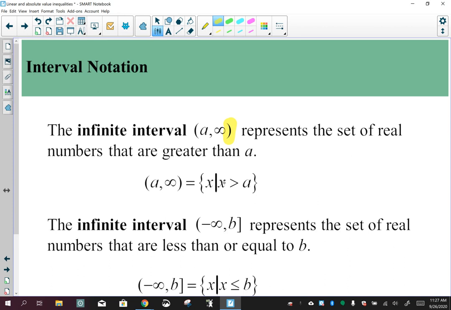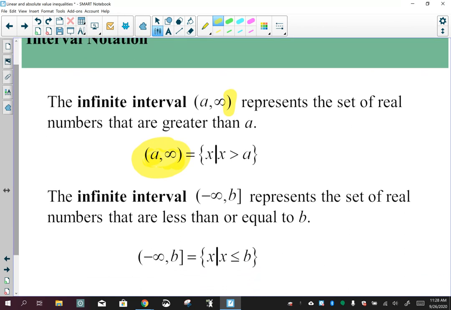So what this is saying is that we're starting at some x value. That means x is going to be greater than wherever the value is that you're looking at. That's how we read interval notation with the infinity sign.